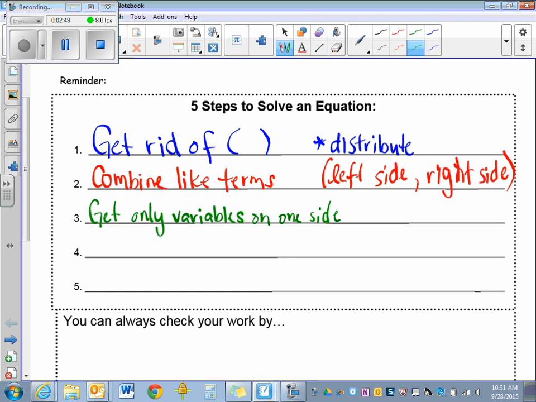And remember our last 2 steps, we have to do PEMDAS backwards. So we need to first get rid of addition and subtraction. And then we can get rid of multiplication and division.